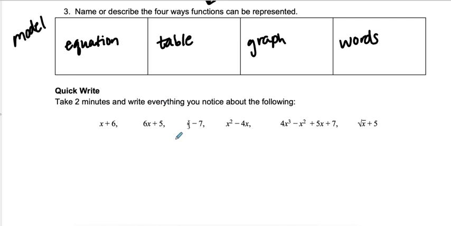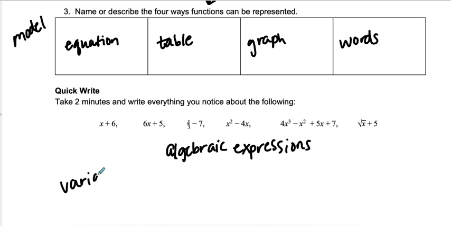The first thing that you should have is probably everything is an algebraic expression. These are all algebraic expressions. They are not equations because there are no equal signs. They involve variables, also exponents, radicals.